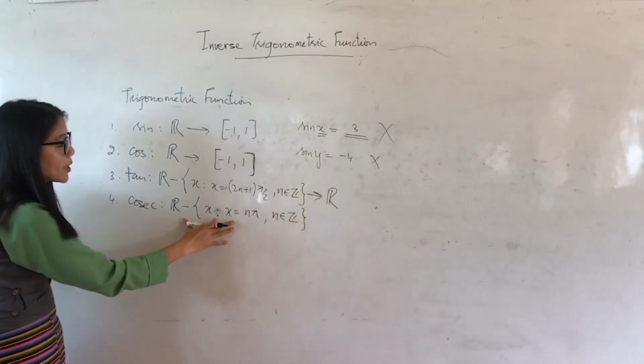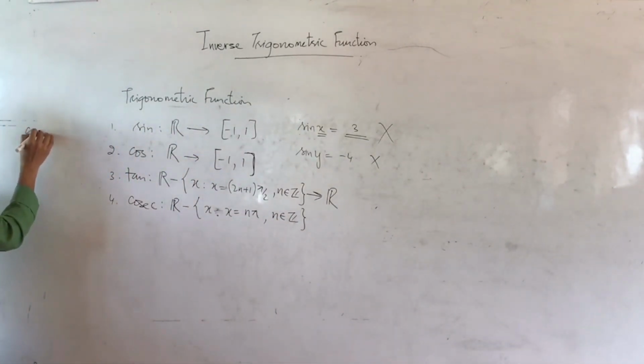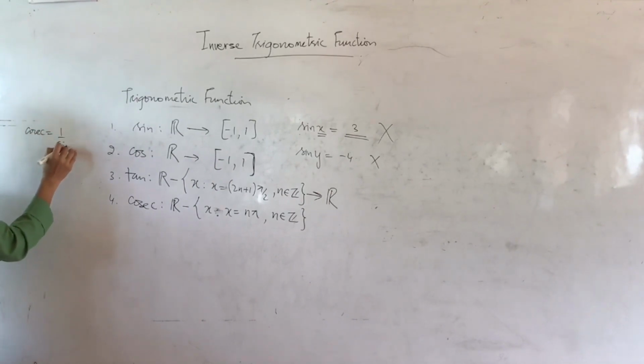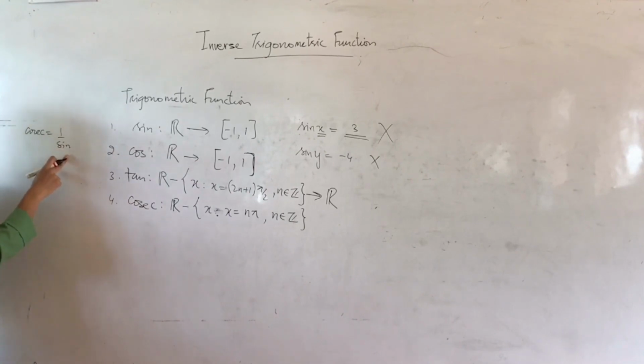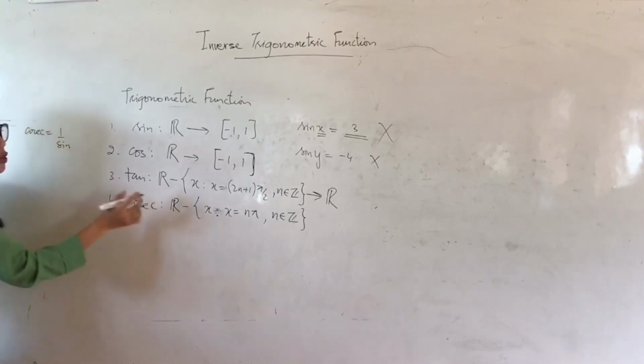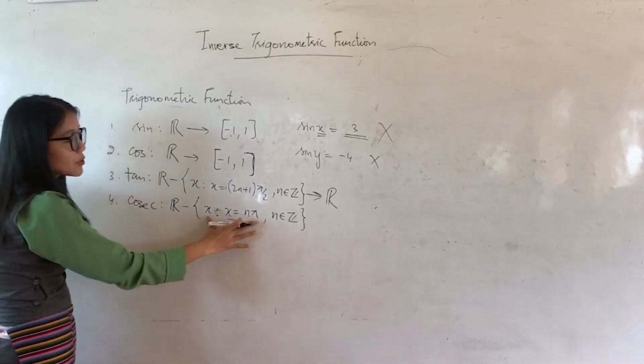So this is the domain of cosec. Now you look here. Cosec is the same as 1 upon sine. Cosec is the reciprocal of sine. So we have to exclude all such points at which sine is equal to 0, because when we take it in a fraction form, the denominator cannot be 0, okay. So these are all x at which sine is 0. So therefore, I am excluding all such points.